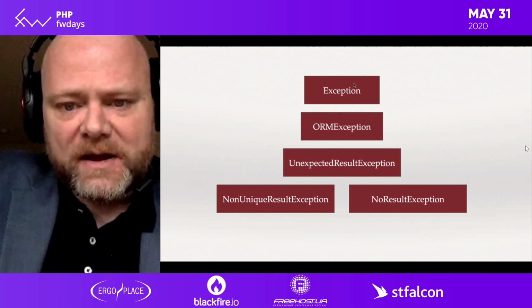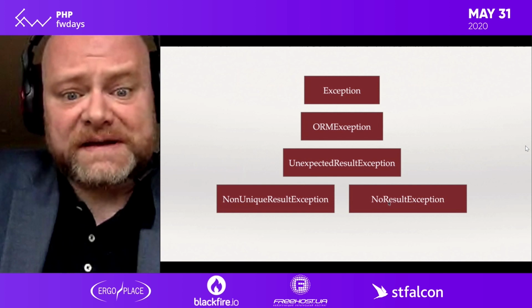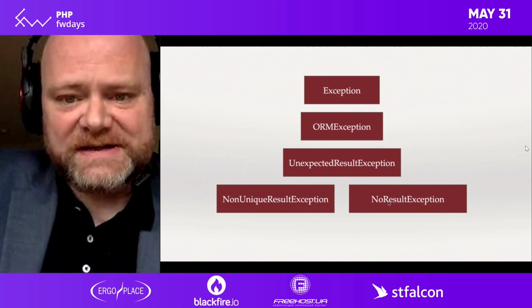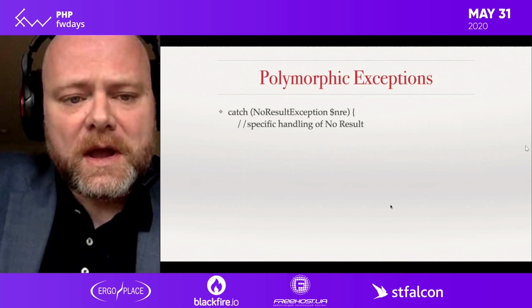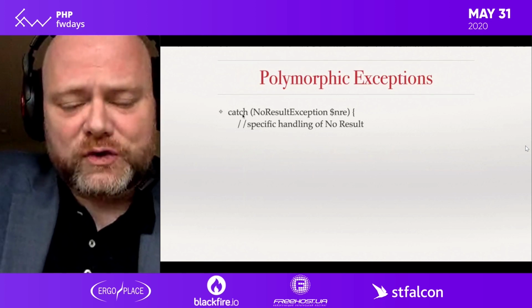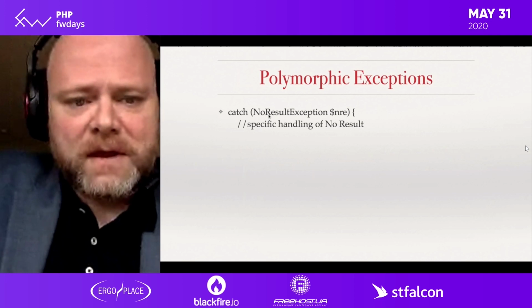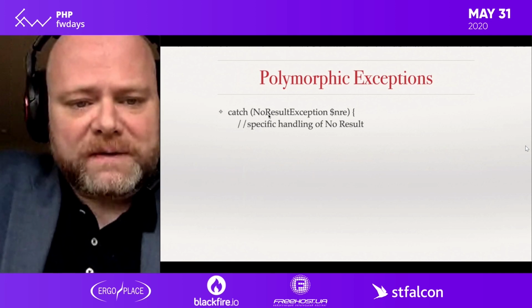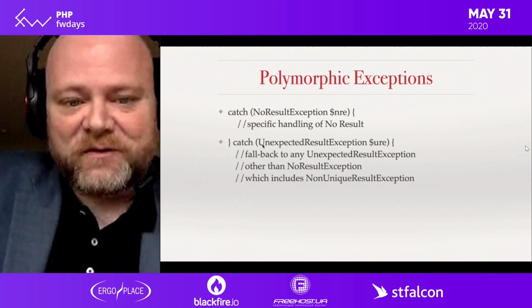So the nice thing about a class hierarchy such as this one is it gives us more flexibility to catch exceptions. And I'm going to show you what that means. So I can put a catch block to catch a specific no result exception. And then below it, I can stack another catch statement for an unexpected result exception.